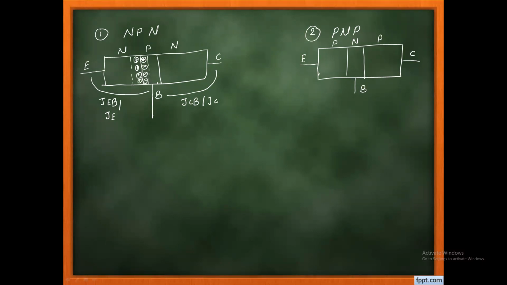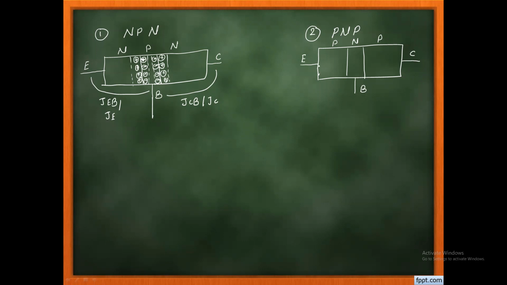Similarly, in between collector and base, again an N and P type of junction is formed. So in the N region, the positive ion layer is already prepared, and in the P region, the negative ion layer is there. Is it right? So this is also called the second depletion layer. So in this way, the transistor consists of two PN junctions.